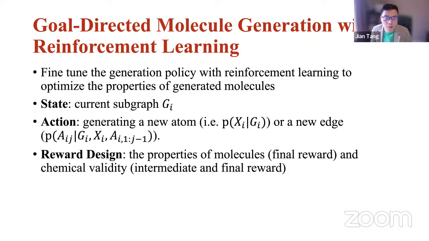If you have multiple properties, you can just integrate those properties into your final reward. So this is basically related to how you want to define your reward. Definitely, it should be doable. A simple approach is to take the summation or the product of the two properties as a reward.